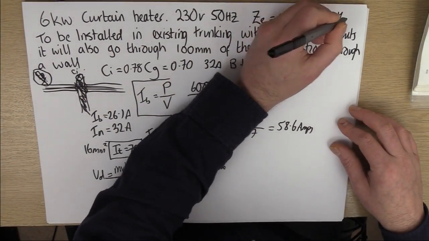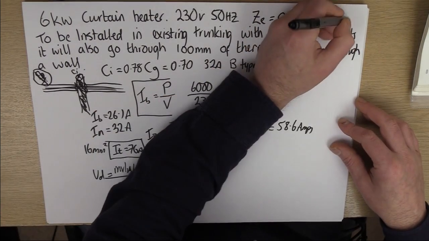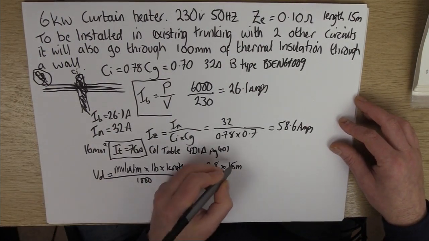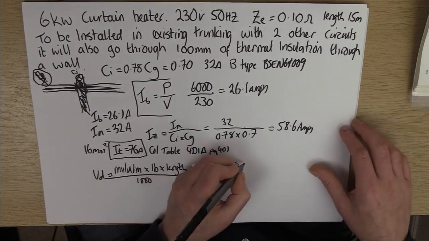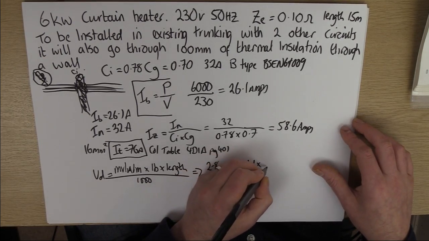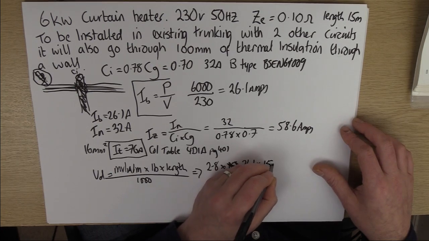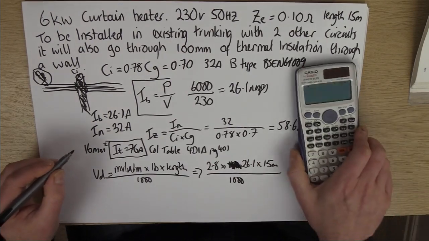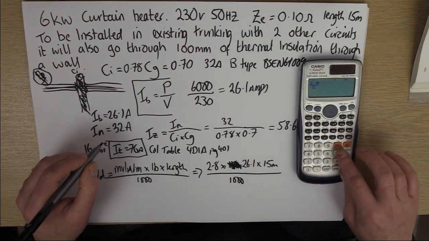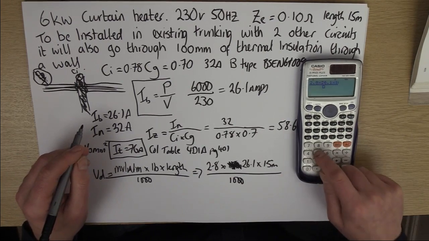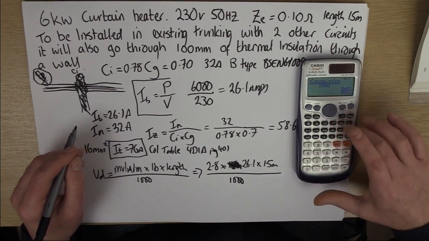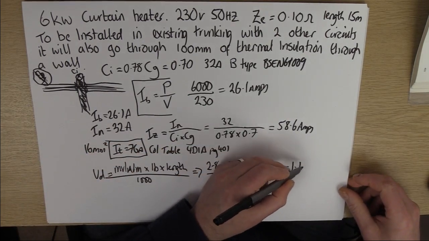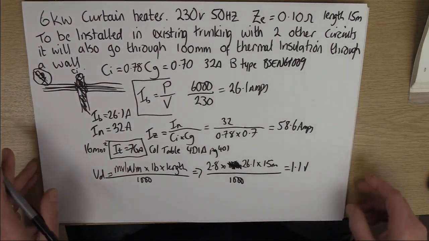Design current, then length, that's what I said. Let's say, well, we'll say 15 meters, shall we? Why not? 15 meters over 1,000. It's probably going to be okay. 2.8 times 26.1 times 15 over 1,000. 1.1 volts. But you probably knew that with the size of the cable.